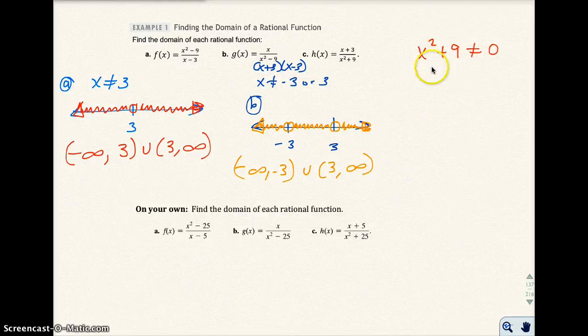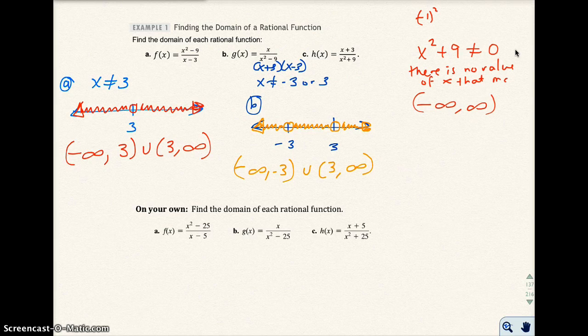If I put in negative 1, negative 1 squared is still 1, and 1 plus 9 is 10. So no matter what I put in for x, it's never going to make the denominator 0. So x can be all real numbers. There's no value of x that makes the denominator 0.